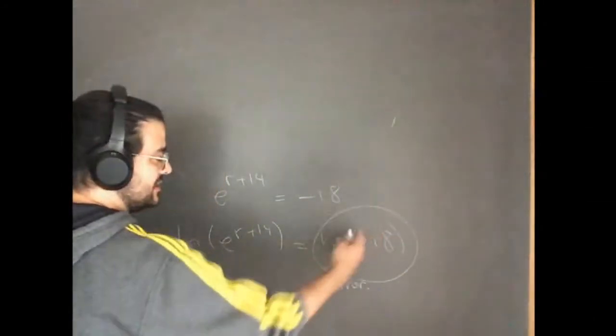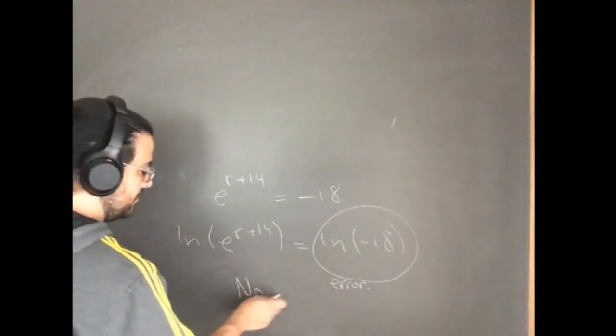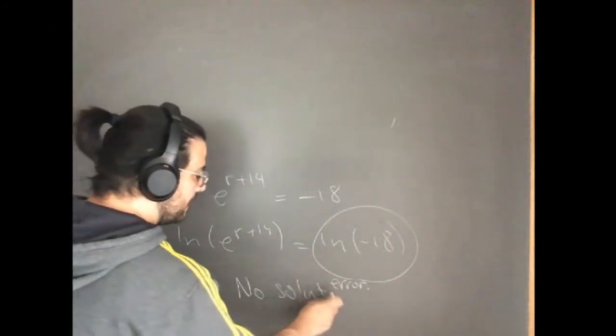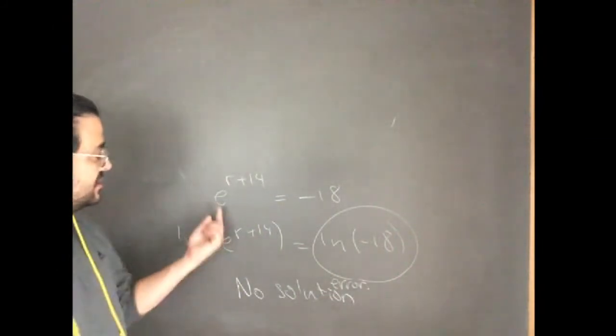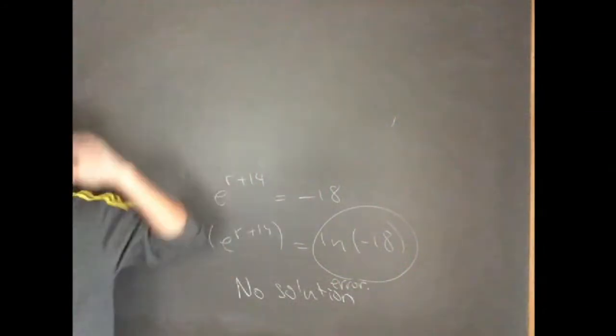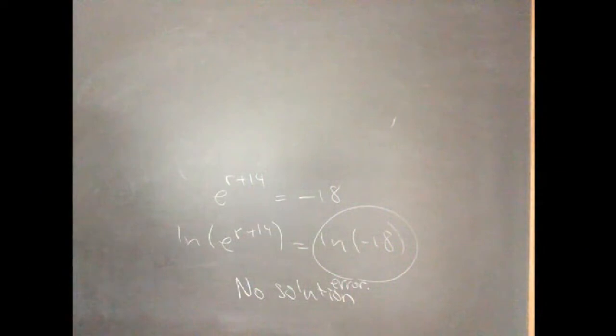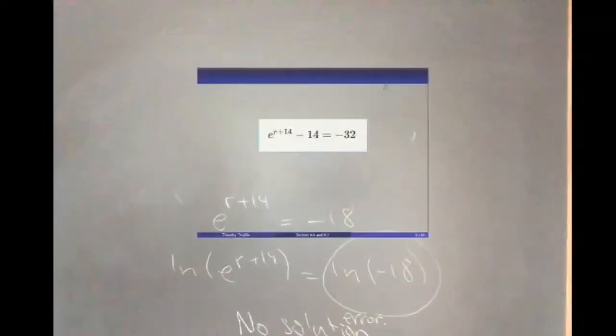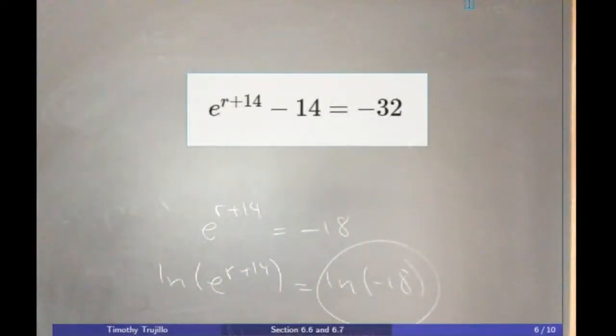And because this isn't in the domain, there's just no solution. And that should make some sense. There's no way you can take e and raise it to any power and get something that's negative. The graph is always above the x-axis, okay? So be a bit careful when you're trying out these questions. In some instances, there is no solution. And this is a quick example of that sort of thing.